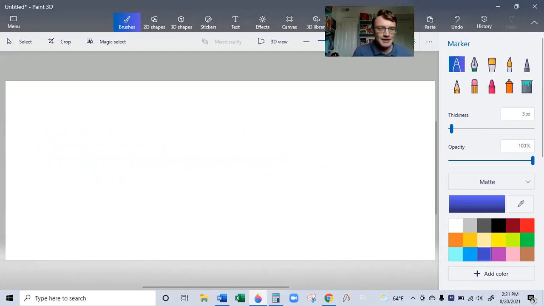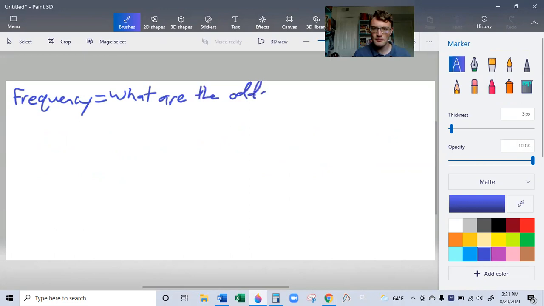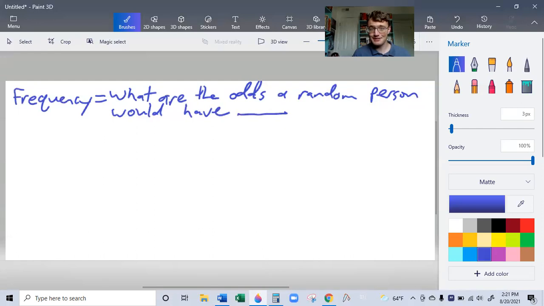In the case of this DNA story here, a frequency is basically what are the odds that if I grabbed a random person off the street, a random person, would have X, I'll fill in this gap here in a sec, in the population. That'll make more sense here in a sec.